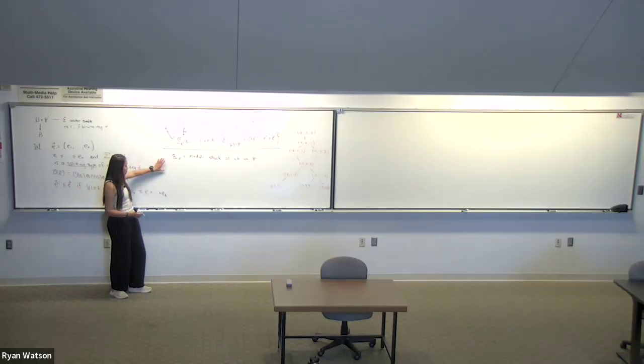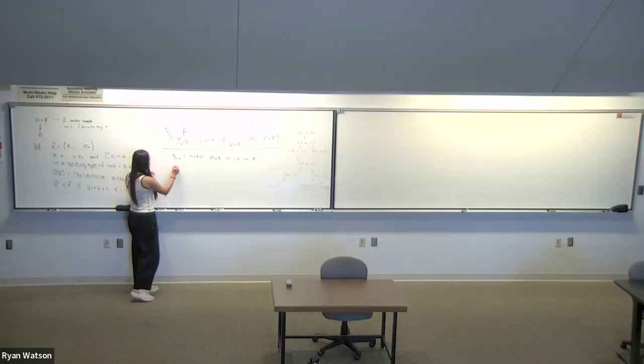Right. So yeah, I want to think about splitting loci in the universal situation. So I have to live on the universal thing that has a vector bundle on it times P1.